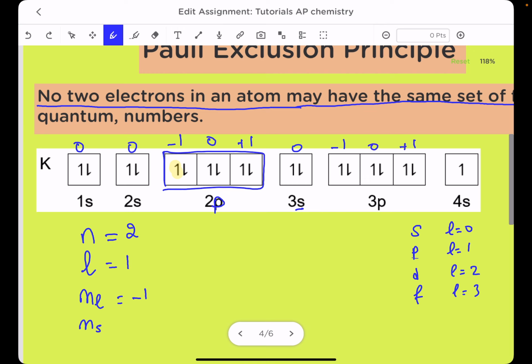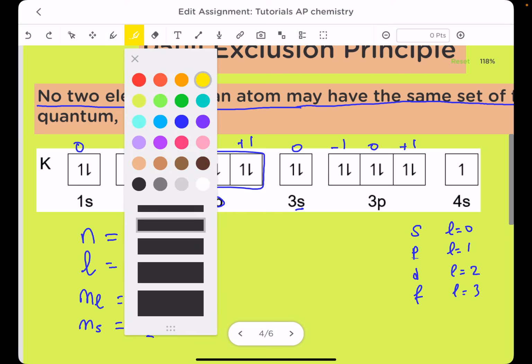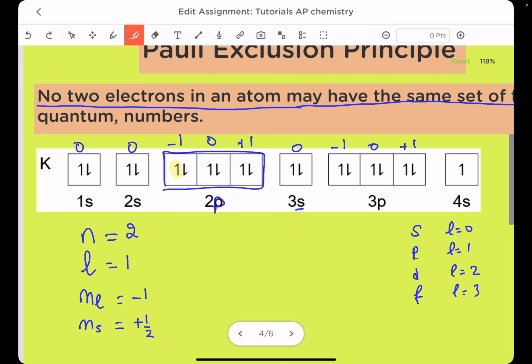For d, it goes -2, -1, 0, +1, +2. So this electron has an ml of -1, and the ms, which is the spin of that electron, is directed upward, meaning +½.